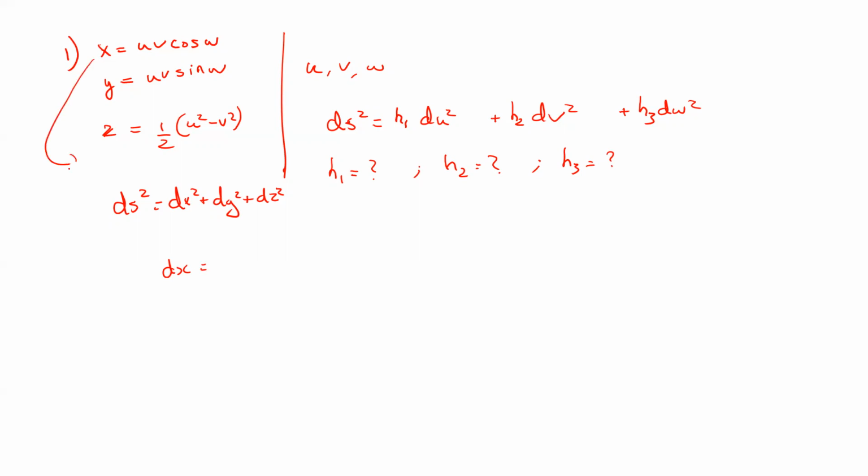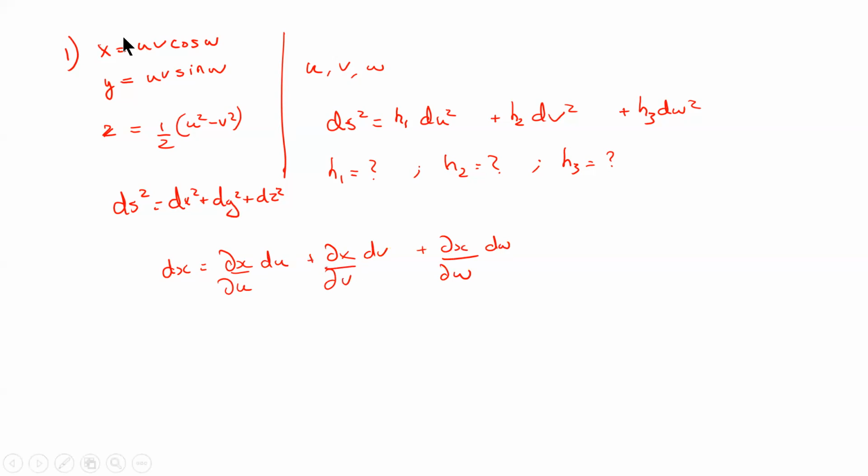The differential dx is nothing but, by the chain rule in partial differentiation, dou x by dou u multiplied by du, plus dou x by dou v multiplied by dv, plus dou x by dou w multiplied by dw. This is what we are supposed to do.